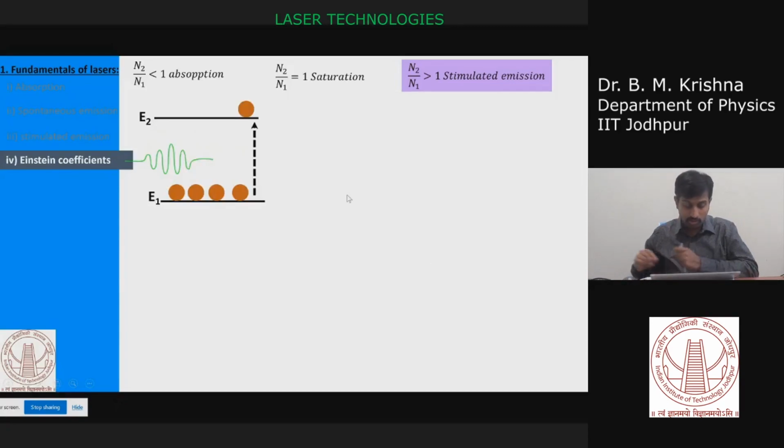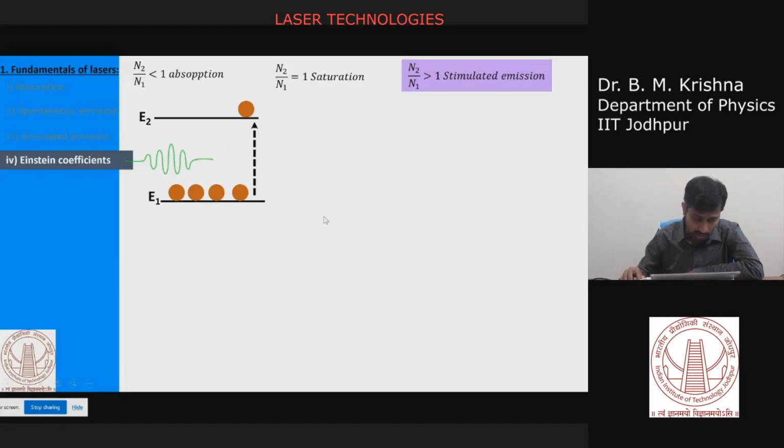When you excite the electron or atom to the excited state, and you send in a large number of photons, because initially your E1 is populated, there is a maximum chance that it absorbs and goes to the excited state.